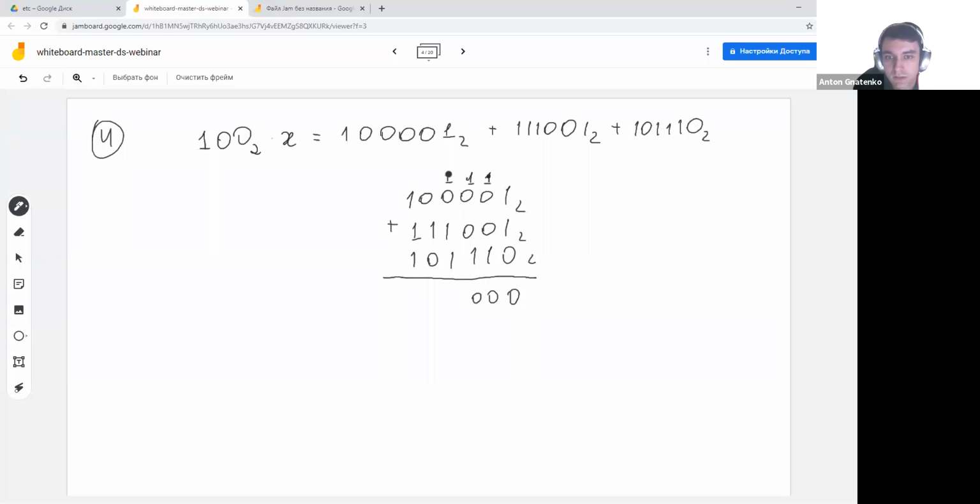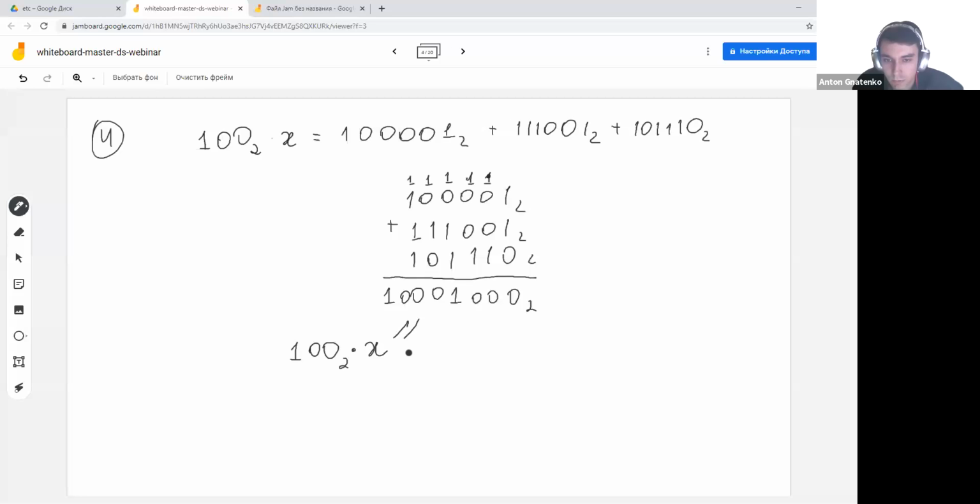Here, 3 ones equals 3, which is 11 in binary. So the last digit is 1, and 1 moves here. Again, 0. And here, 4 ones equals 4, which is 100. So that is what I write. So this is 100 multiplied by x in binary.